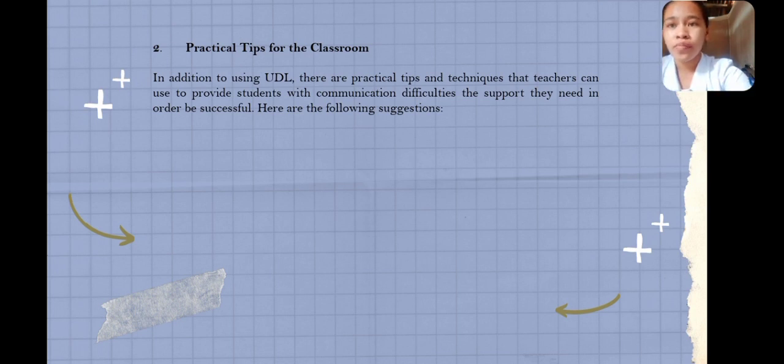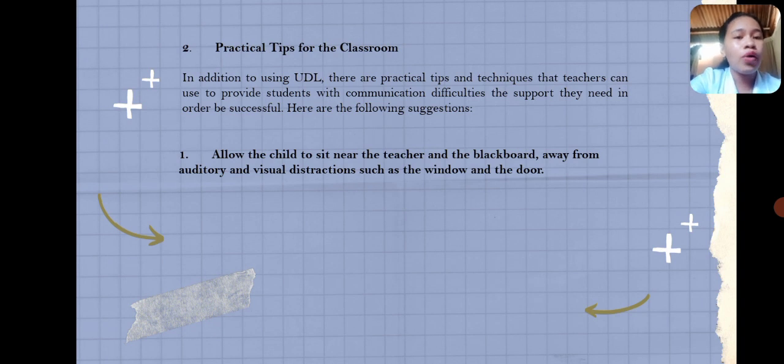Here are the following suggestions. First, allow the child to sit near the teacher and the blackboard, away from auditory and visual distractions such as the window and the door. This is important to keep the child focused on the necessary things they need to learn.